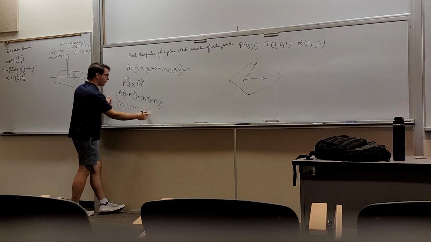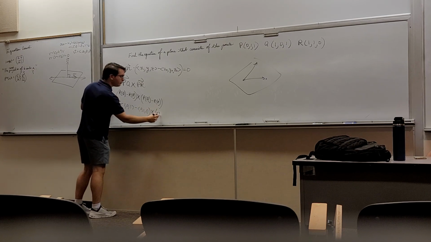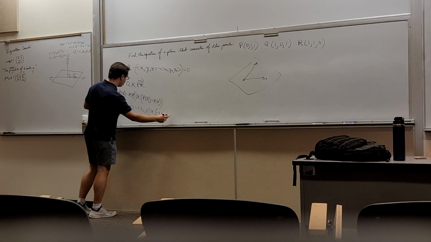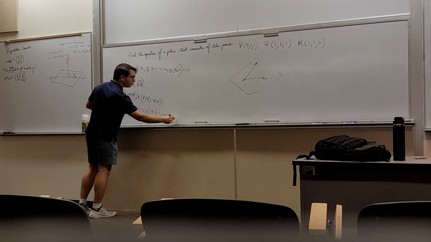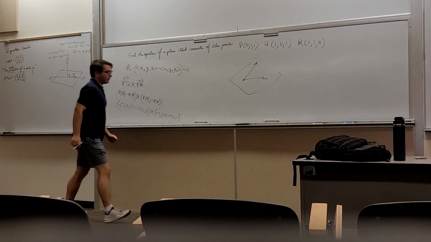That will be cross with R being 1, 1, 0 minus 0, 1, 1. Right. So let's take that up over here.